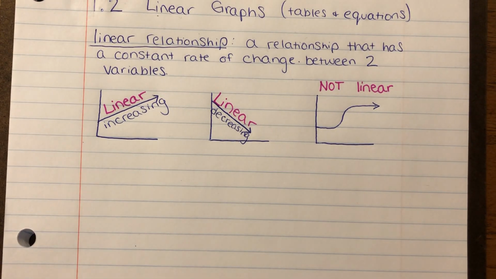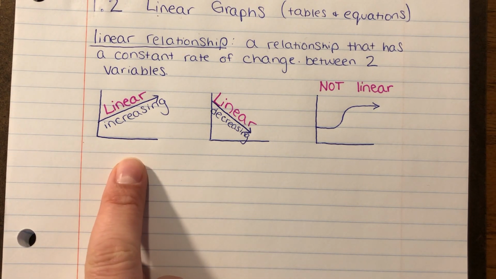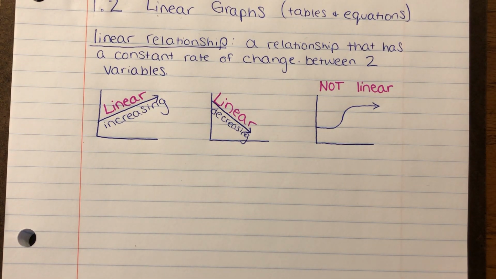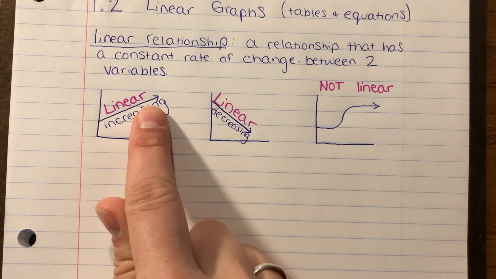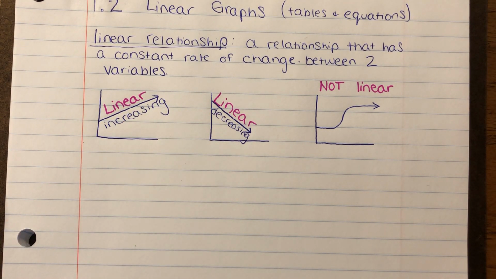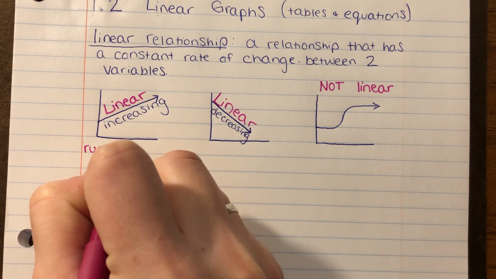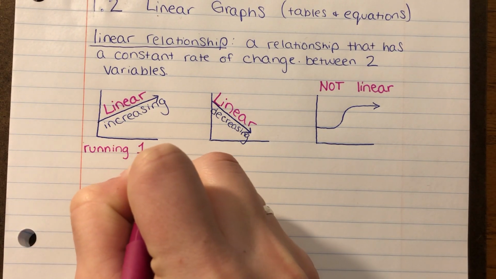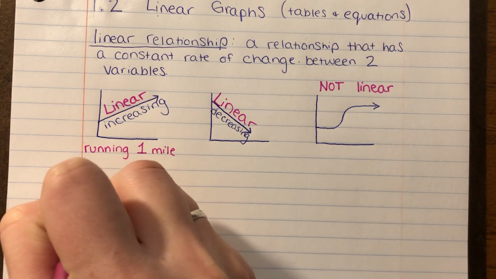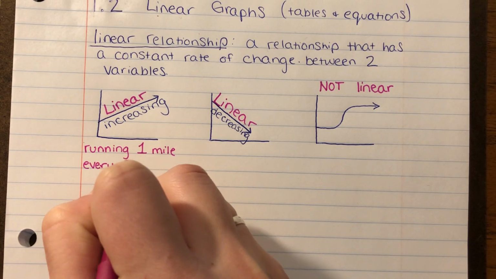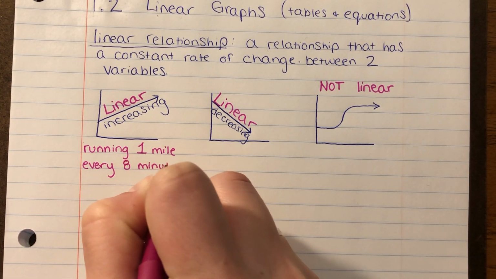Let's set up an example to go with each of these graphs. We don't really need any data points, but we could just think of a general example that would fit the sketch or fit the model. So in this first one, the increasing linear, an example of this might be running 1 mile every 8 minutes.